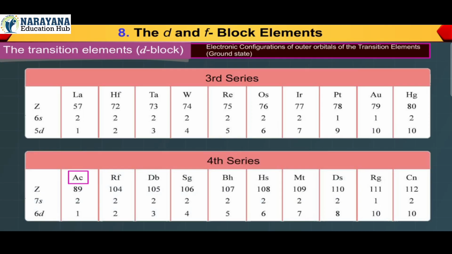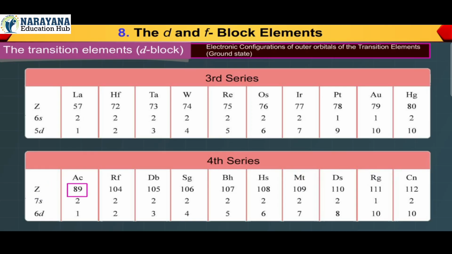Fourth series: actinium, rutherfordium, dubnium, seaborgium, bohrium, hassium, meitnerium, darmstadtium, roentgenium, copernicium.